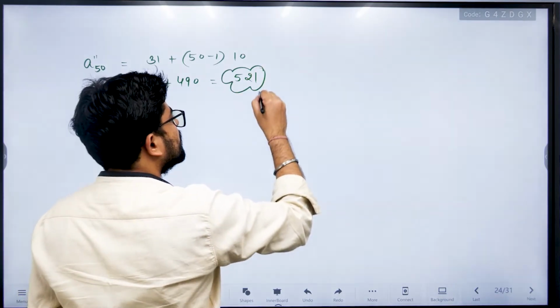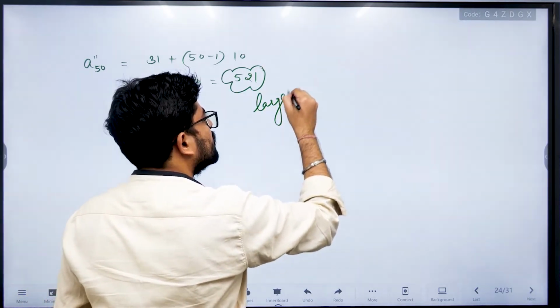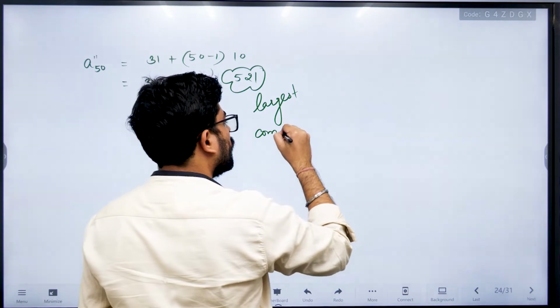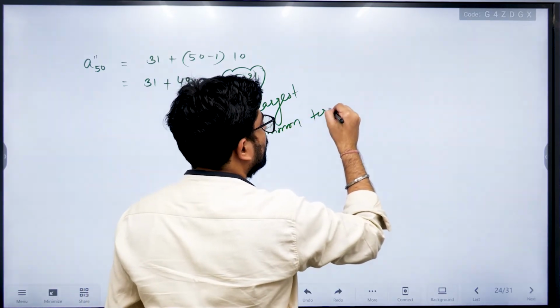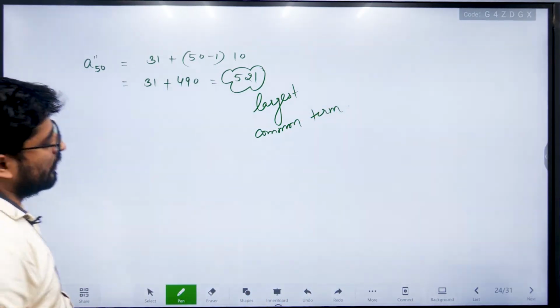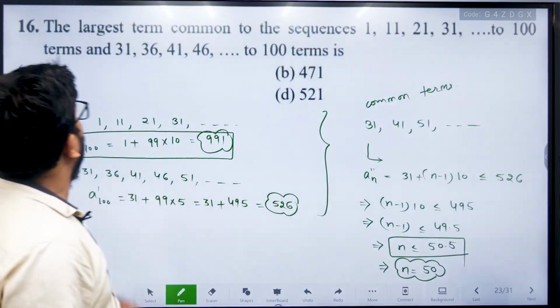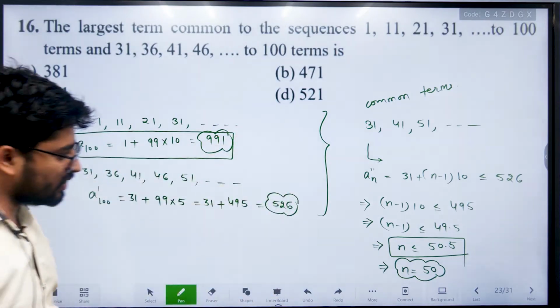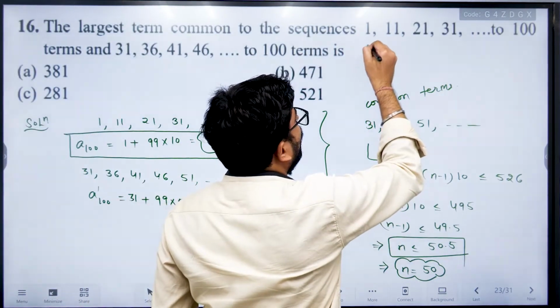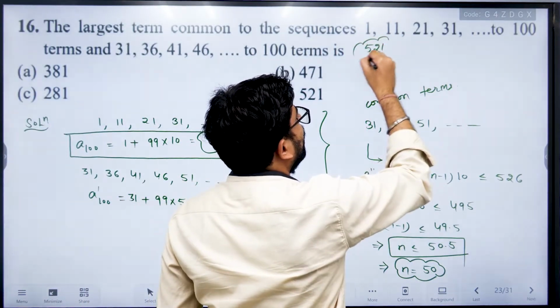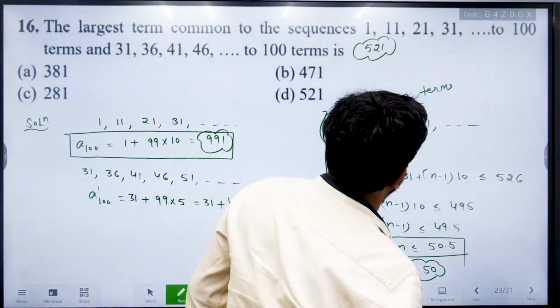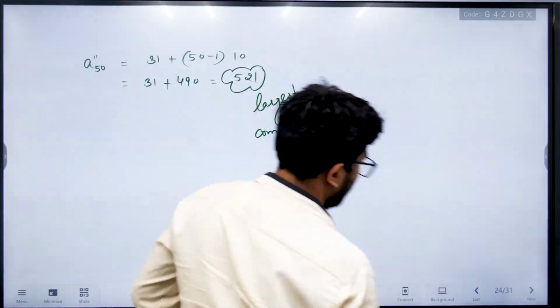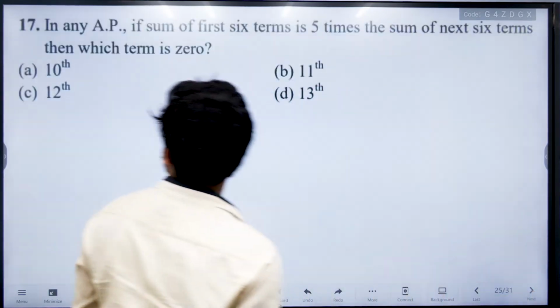This is the largest common term. And you have to find the largest term common to the sequences, this and this. So that is 521. Okay, 521 is the answer. Got it? Now let's do the next one.